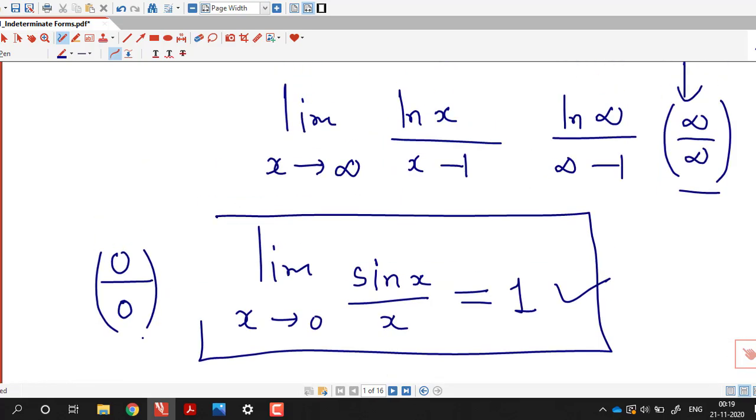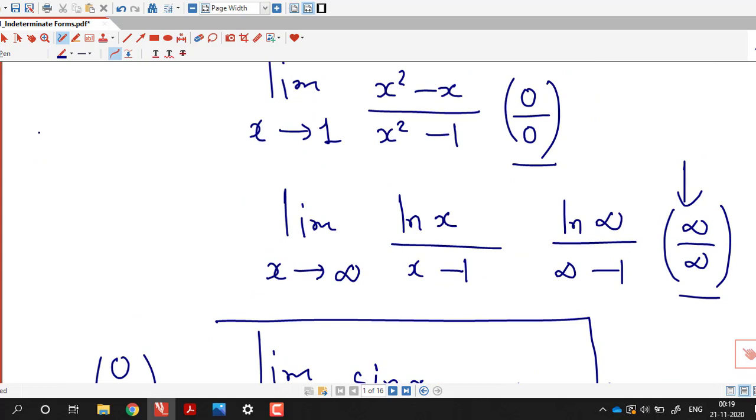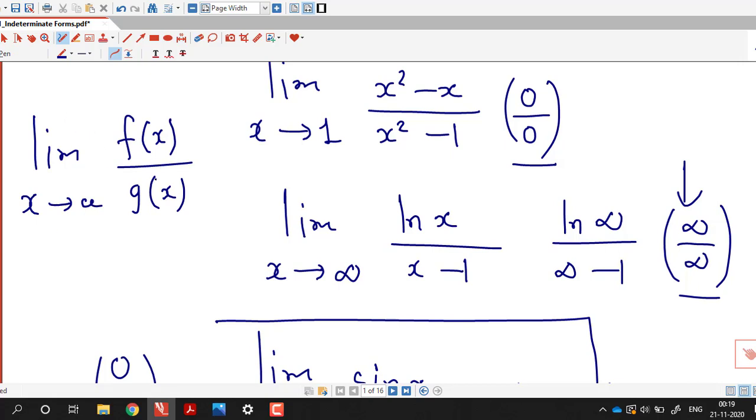In general, if we have the limit of a quotient of two functions, limit of f(x) over g(x), and if I substitute x equal to a and obtain 0 by 0 or infinity by infinity form, then we have a ready-made formula to evaluate this type of limits.